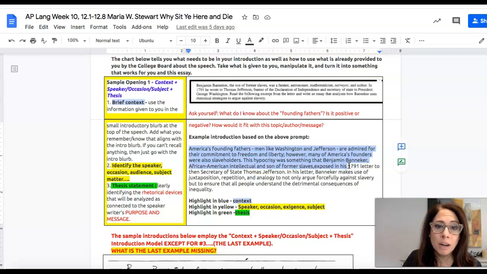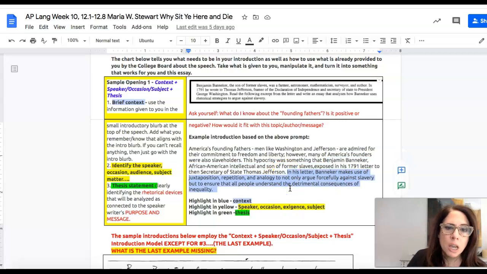And if you don't know a lot about the time period, just see what you can pull up from your mind and from the prompt. So this student talked about America's founding fathers and how they were hypocritical because they were slaveholders. And he got this information from the prompt, and then he goes right into his thesis, or she.